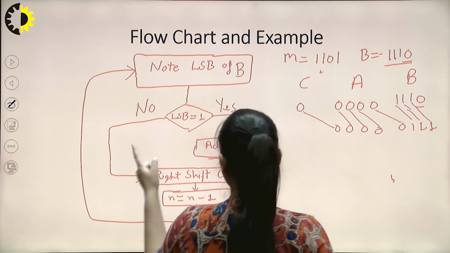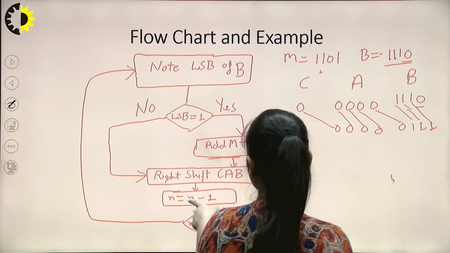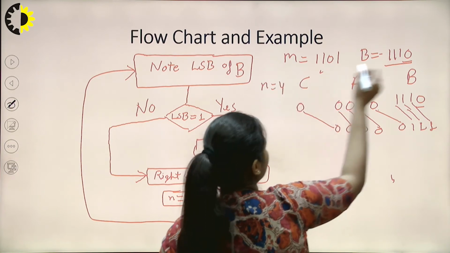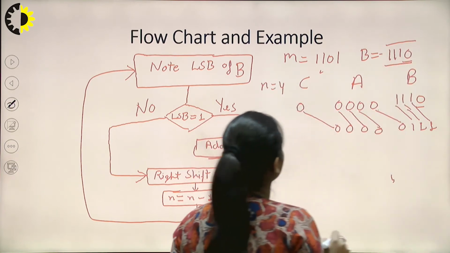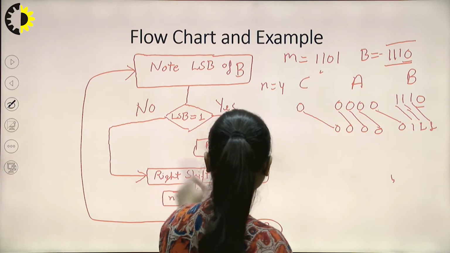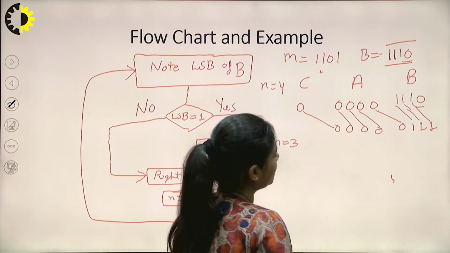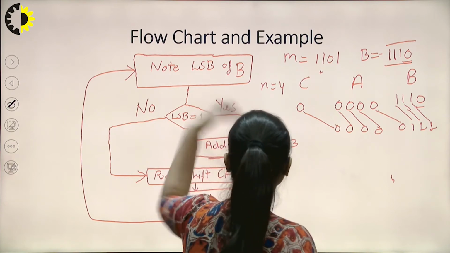So again what will we do? We will do n = n - 1. Initially n's value was 4 because we are having the 4-bit B. Now n's value will be decreased, so n is equal to 3. Again we will follow the same steps.